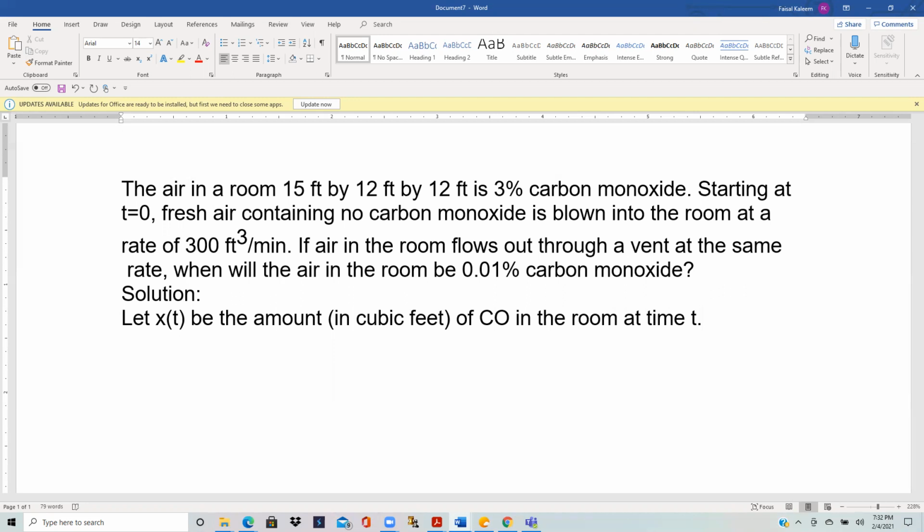Once again, we will set up the equation of the rate of flow of carbon monoxide. The net rate will be the inward rate minus the outward rate.